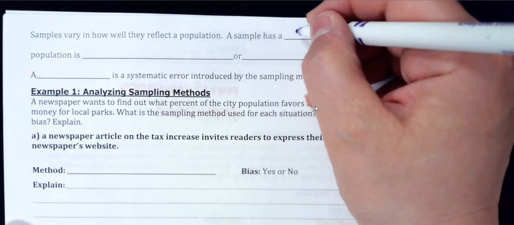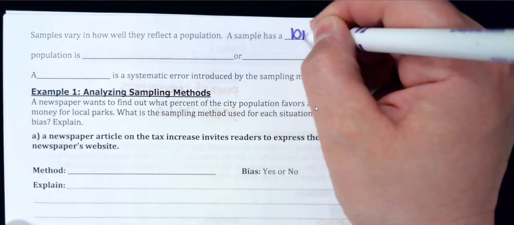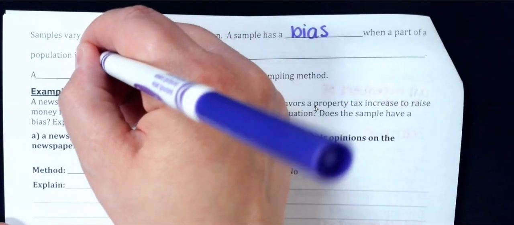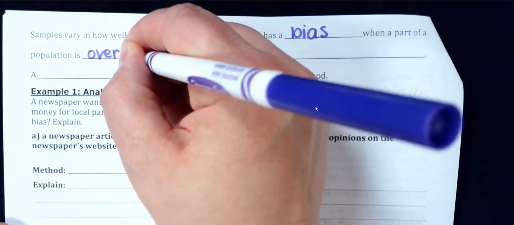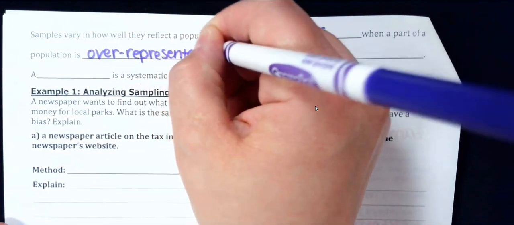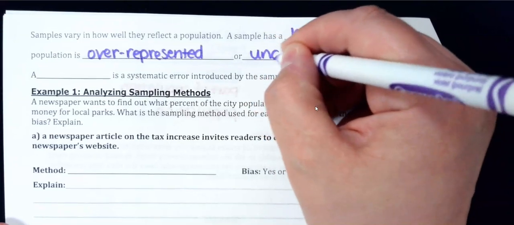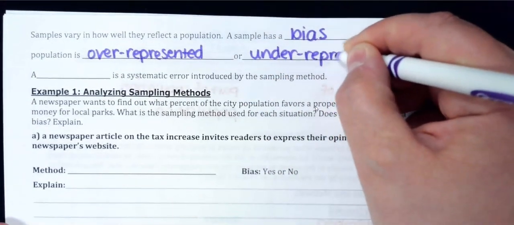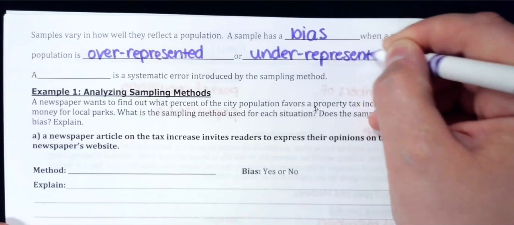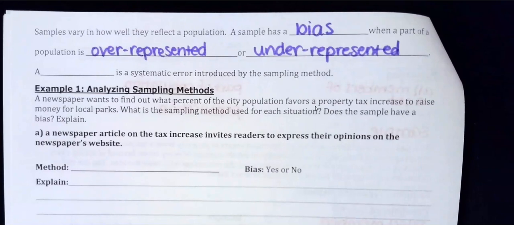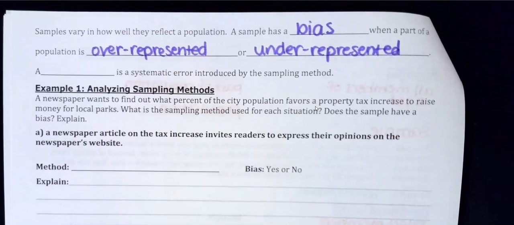Okay, now, a sample has what we call a bias when part of the population is either overrepresented or underrepresented. Some kind of bias, like one group maybe has better representation than the other in your total population.